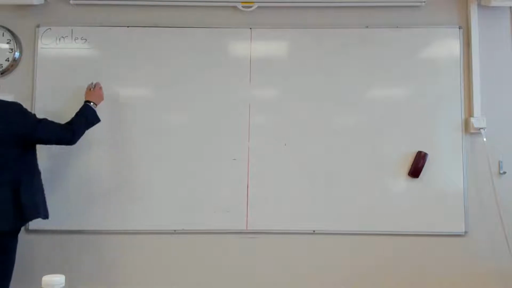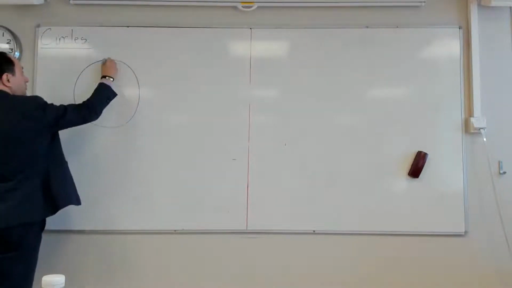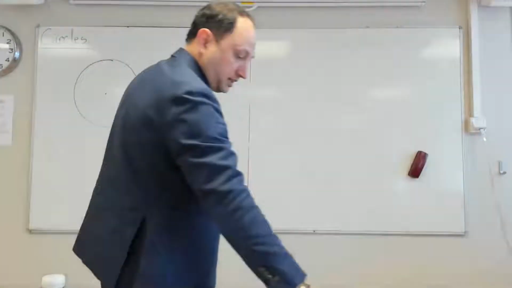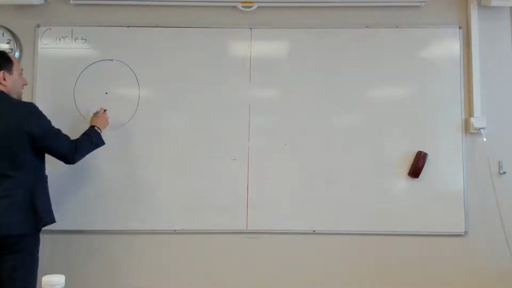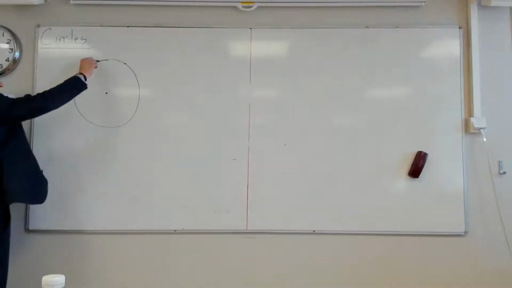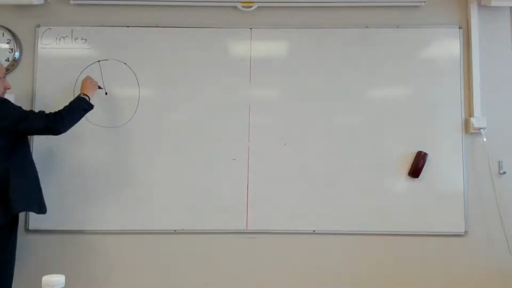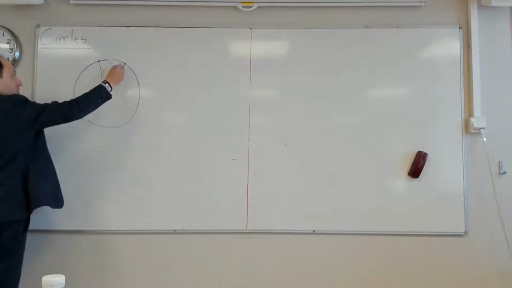So if I have a circle, what do I mean by having a circle? You know that every circle has a center which lies exactly in the middle. And then it doesn't matter which point on the circle you choose. If you connect this point to the center, the length would be the same if you do it with this point.